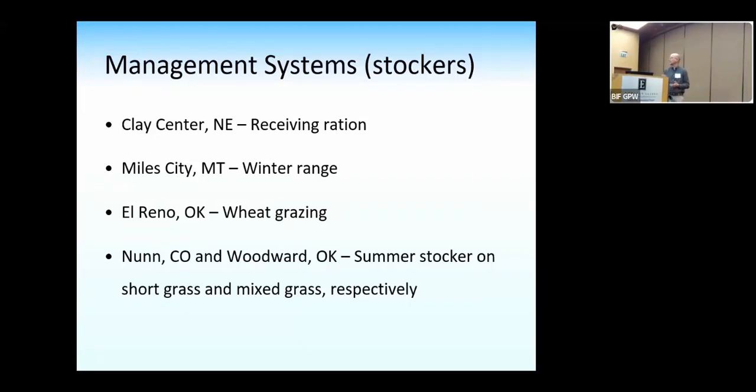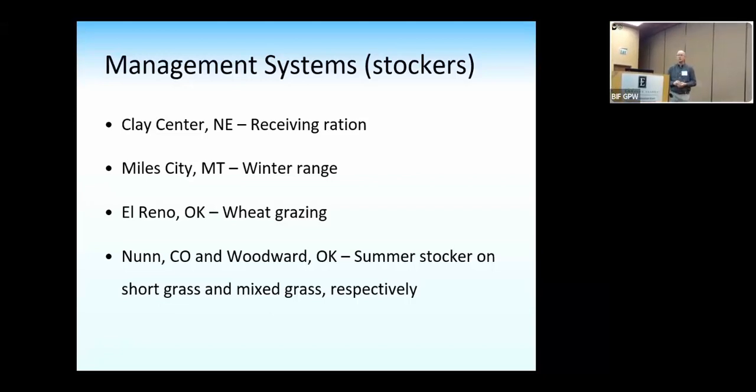At Clay Center, we had a receiving ration for their backgrounding phase, which was pretty short, usually just a couple months is all. And then they went on full feed relatively quickly, a typical cattle feeding system for the Nebraska area. In Miles City, Montana, they went on the winter range. As you can imagine, that's not a place where they would grow very fast or a lot.